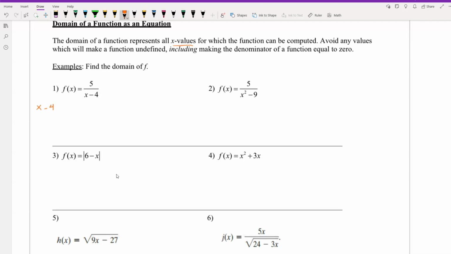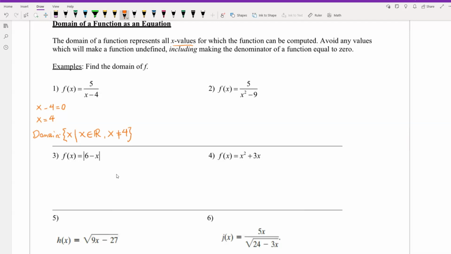So x minus 4 equal to 0. X is 4. Based on what we have here, finding domain, as x such that x is all real numbers, or I can write x belongs to all real numbers except 4.